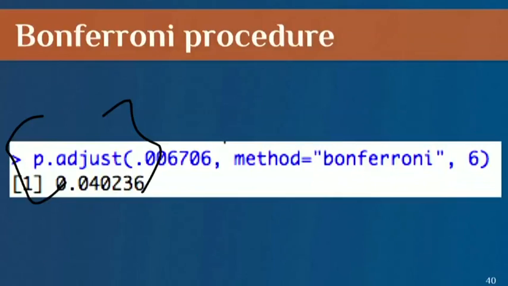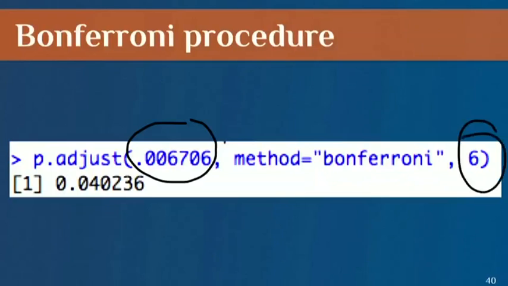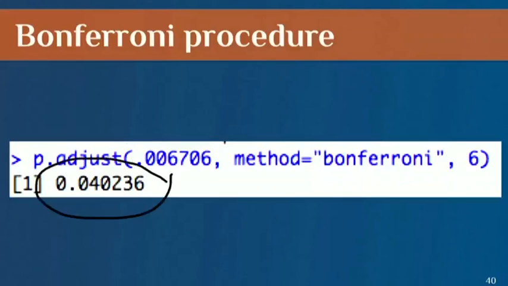The p-value that I entered into the p.adjust function came from the independent t-test, because that was the uncorrected one. The method I put in was Bonferroni. Again, you can look this up in R. There are lots of methods, but I put in Bonferroni. And there were 6 possible pairwise comparisons in this example. That's another argument that the p.adjust function takes, and it returns the adjusted p-value, 0.04.